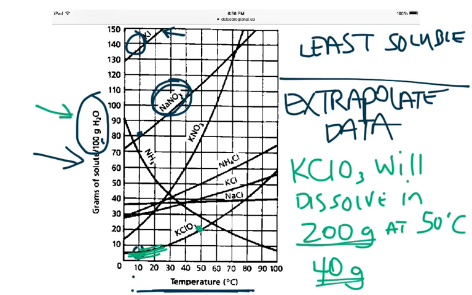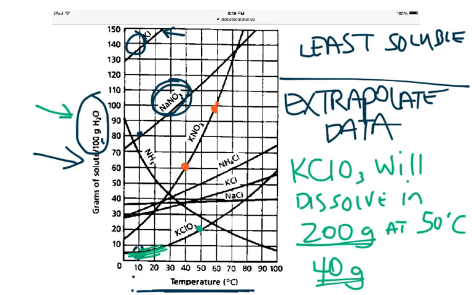Okay? The only other thing I've seen asked from this solubility curve on your SOL is sometimes they'll ask you how much precipitate will be formed when you cool something from one temperature to another. For example, let's look at KNO3 because we got a little space. And let's say we're going to cool KNO3 from, I believe that's 60 degrees, pretend that dot's where it's supposed to be, down to 40 degrees.